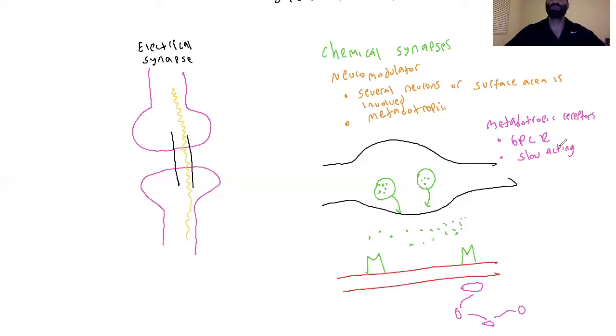So when something meets this criteria, the receptors are GPCRs, metabotropic, and it involves several neurons or a wide surface area, then we call it a neuromodulator. Serotonin, for example, is a neuromodulator because it involves wide areas or several different types of neurons. Dopamine is a neuromodulator.